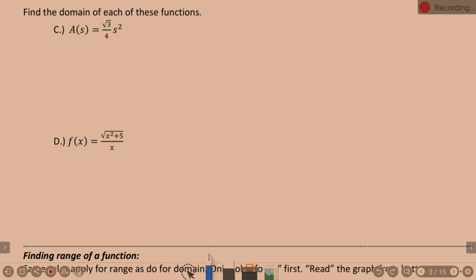What do you know in general about the domain of parabolas? They're infinite. Okay, so parabolas go infinitely up, and as they're going infinitely up, they are getting wider. So that's our answer. We're going to think about this as all reals, or in other words, negative infinity to infinity.